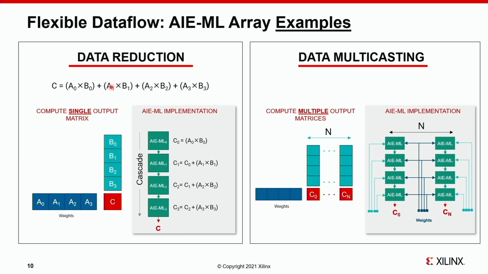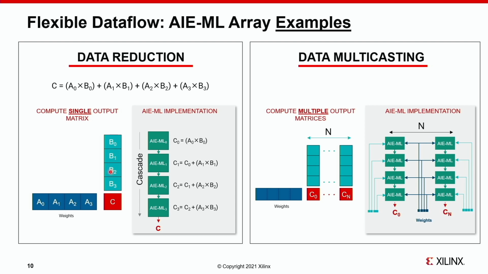In this particular example, I will talk first about the data reduction. Let's imagine that we want to implement a functionality where we're going to generate a single output matrix, C, in this example. And this output matrix is computed by doing 4 block-based matrix multiplications where A and B could be the weights and the activations.